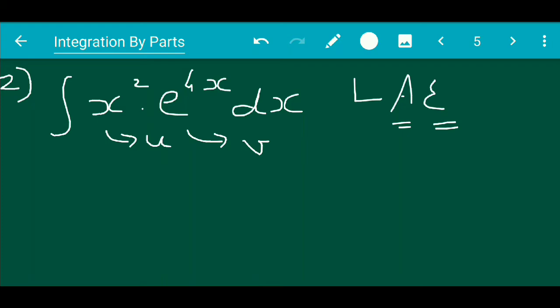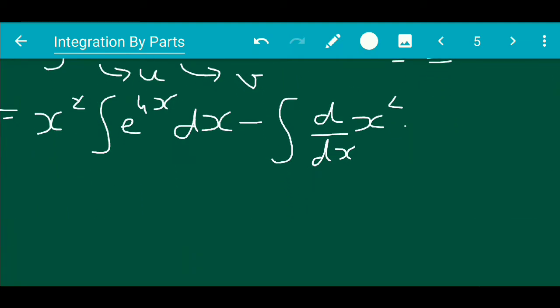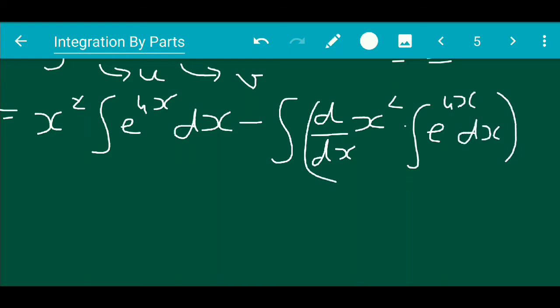So, using the formula, I hope you have learned the formula by heart, we get x square into the integral of e raised to 4x dx minus the integral of d dx of x square into the integral of e raised to 4x dx, the whole into dx.